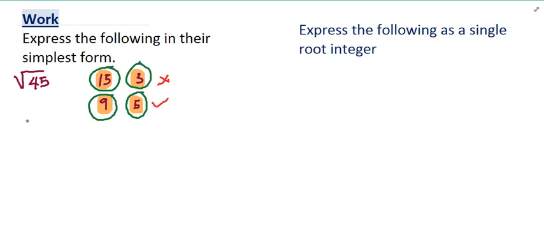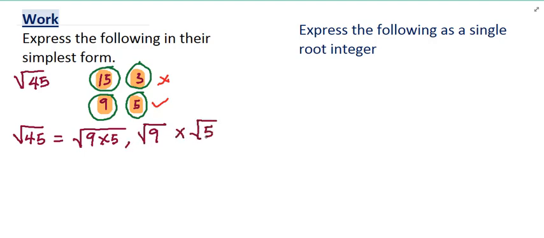So let's do that. Square root of 45 becomes square root of 9 times 5. You can do it like this, or you take them separately: square root of 9, then multiply by square root of 5.